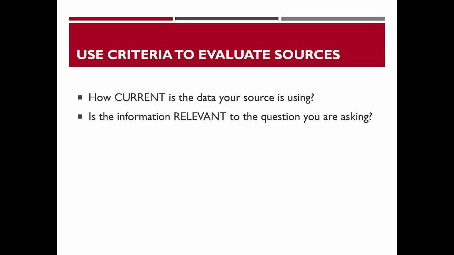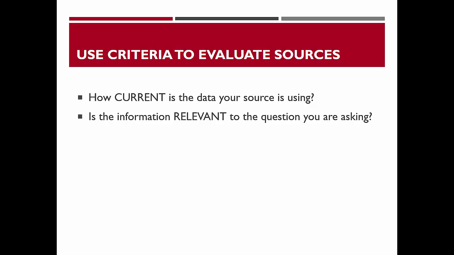You also want to make sure that the information you're getting is relevant to the question you're actually asking. You might be able to determine that there are a certain number of people in a certain demographic in your geographic area. Like, let's say you're looking at American males between the ages of 25 and 40, but you want to make sure that that raw number is actually answering the question you're asking, which is how many potential customers might you have for a specific type of business.